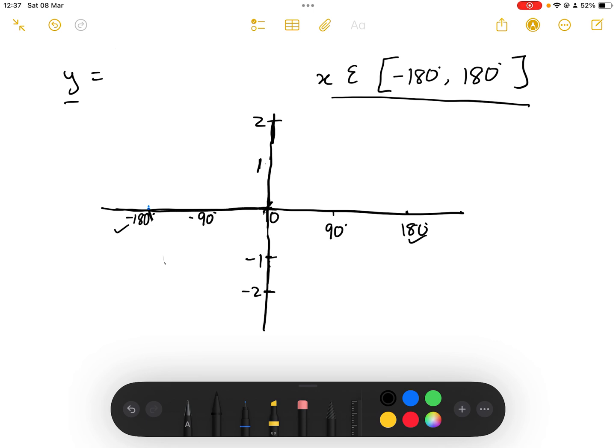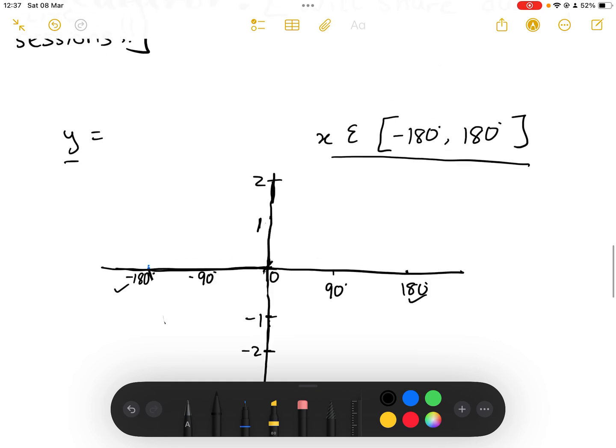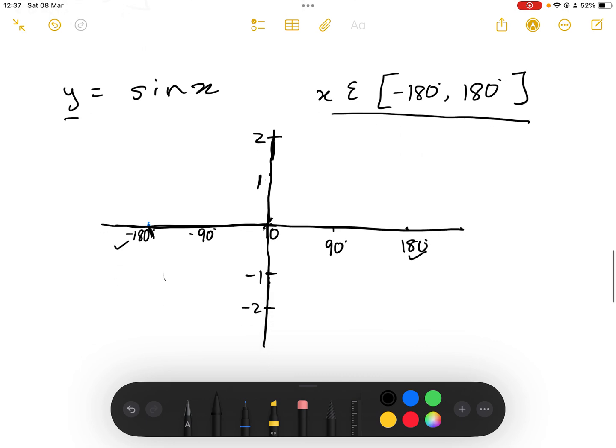So let's just say at the beginning here, the graph says y is equal to sine x. I want you to say that at the beginning. So x is an element of -180 to 180, so it's going to go like this.